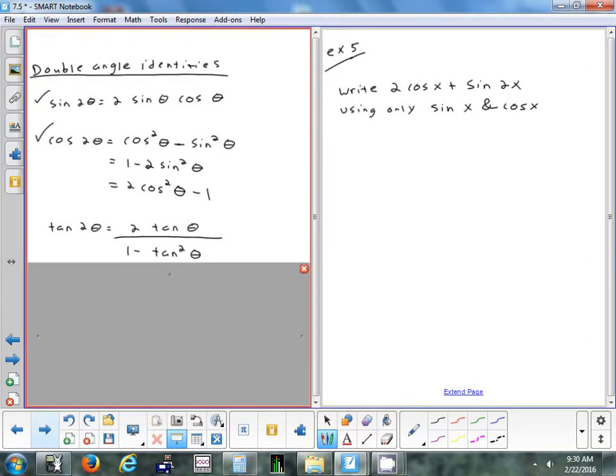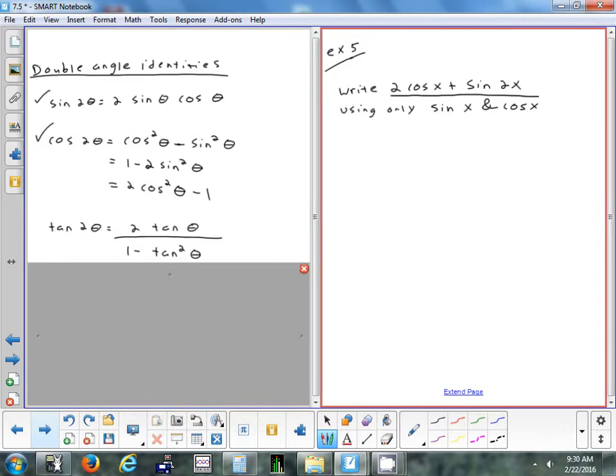All right, so for this problem, what they want us to do is just rewrite what they've given us, 2 cosine x plus sine 2x, using only x's in the argument. You can't use a 2. I want to get rid of that 2 somehow.